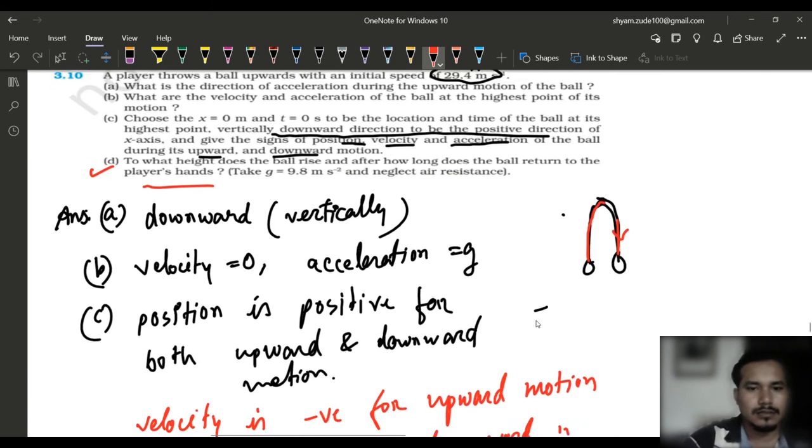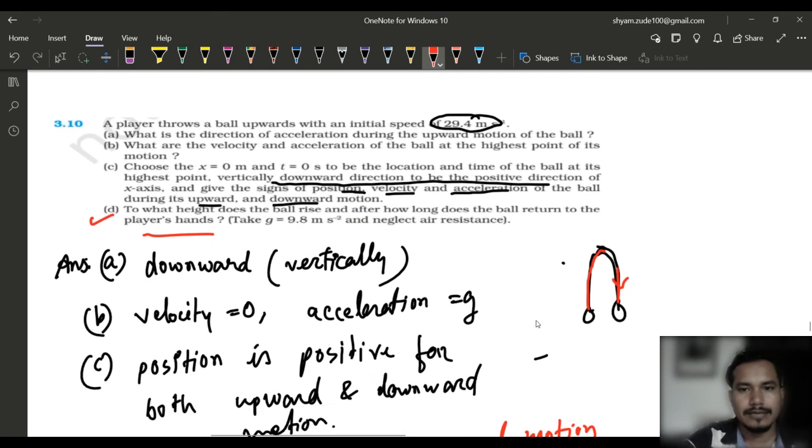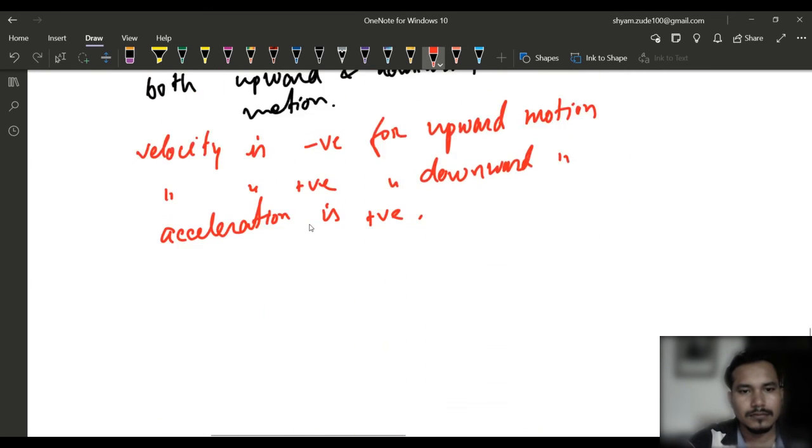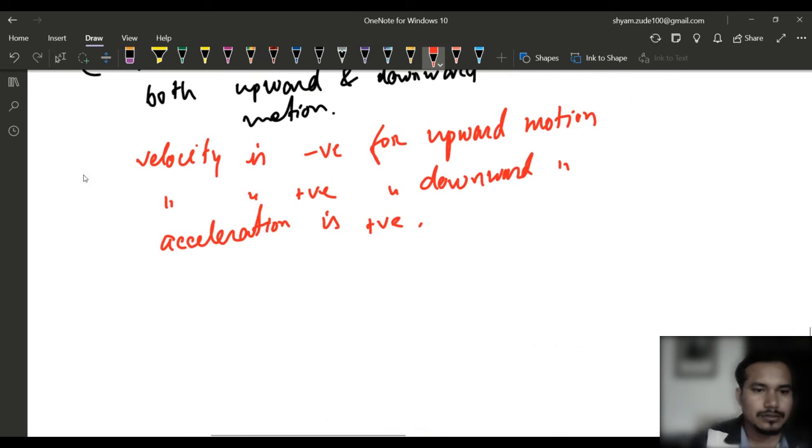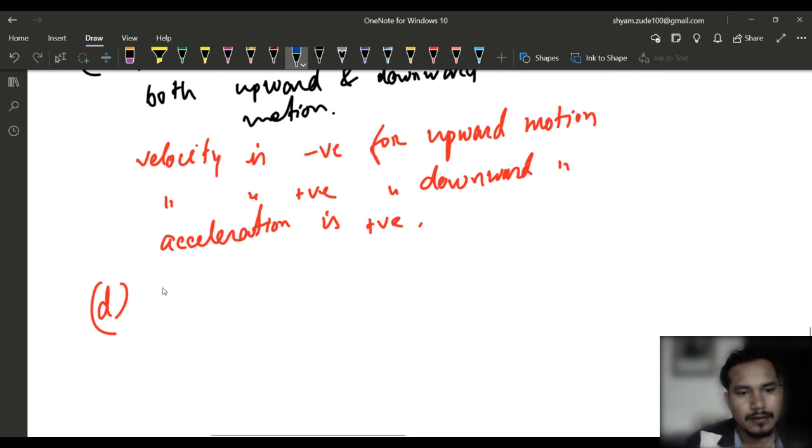Here the initial velocity is 29.4 meter per second, g is equal to 9.8. In this answer D, we will do it separately, first for the upward motion.